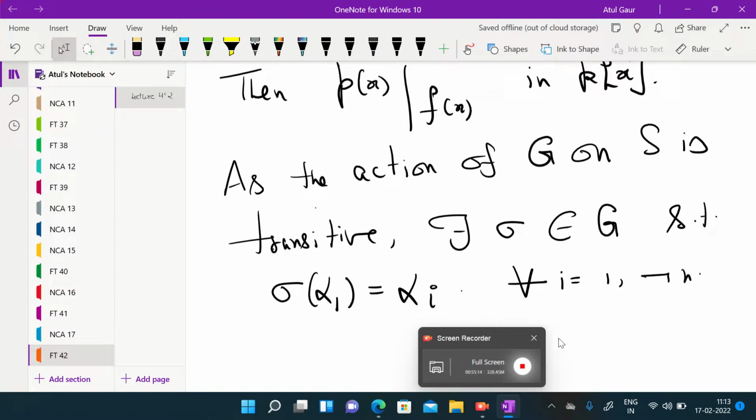That means what? For i equal to 1, that means alpha_1, there is a sigma, so what will it be for alpha_1? It's the identity automorphism.